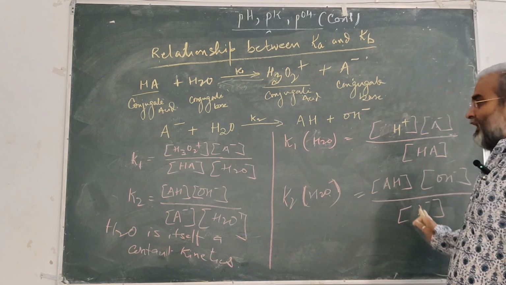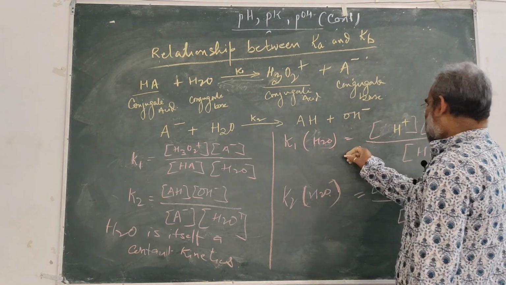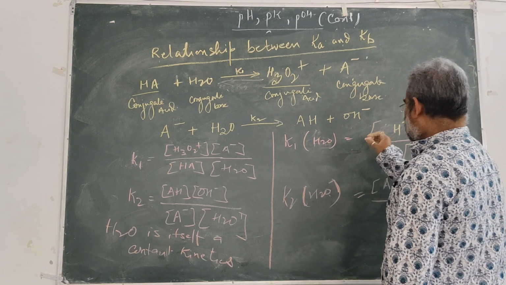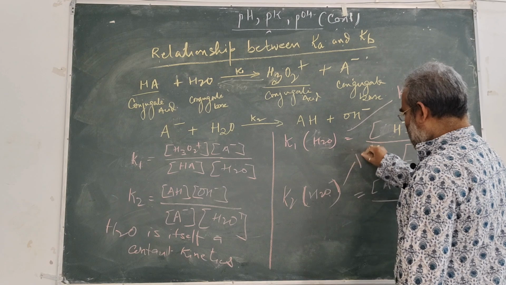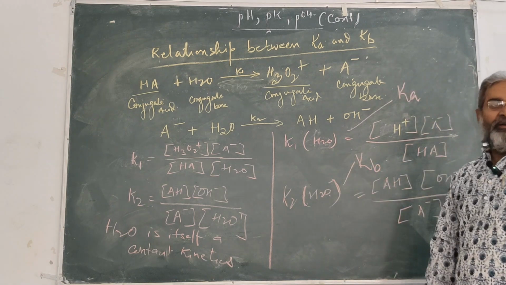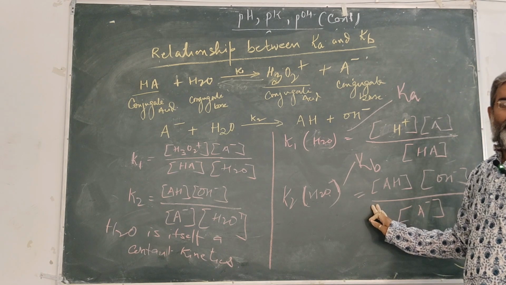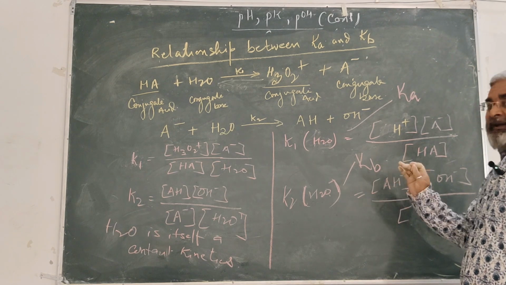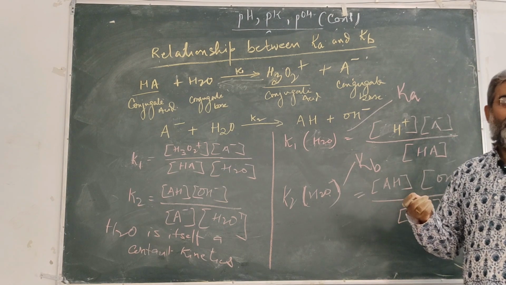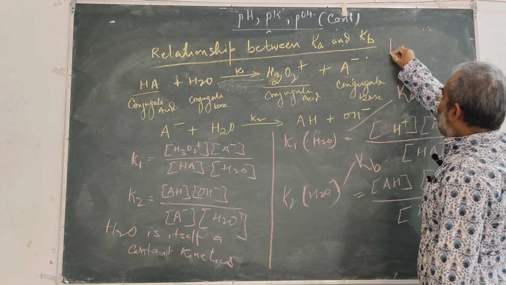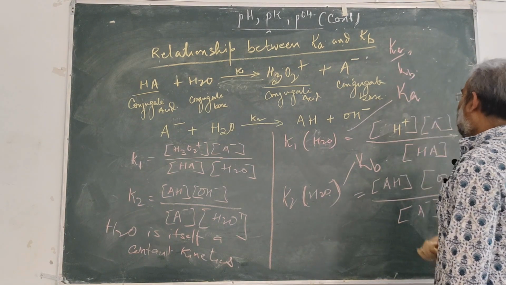If it converts, this one is converted into Ka and this one is converted into Kb, kinetics of acid and kinetics of base. Okay? And when we calculate it at equilibrium, then it becomes Ka by Kb.